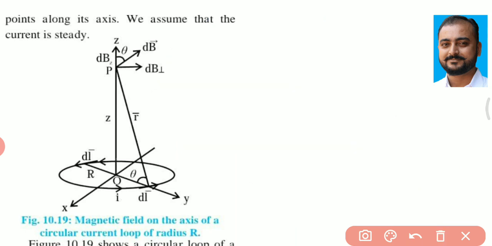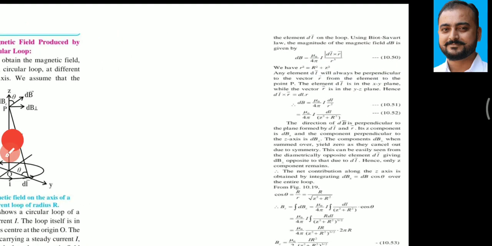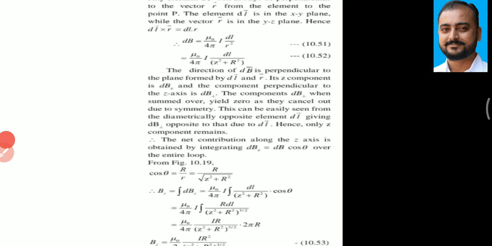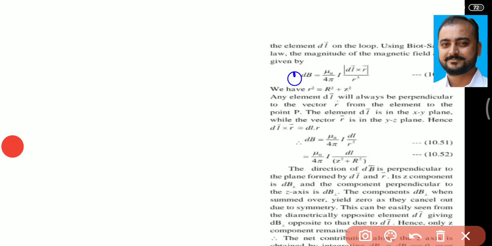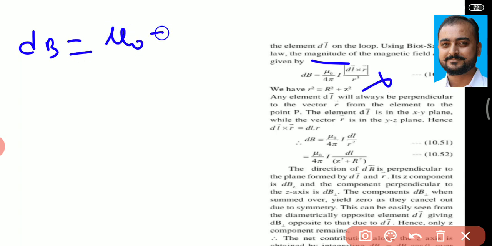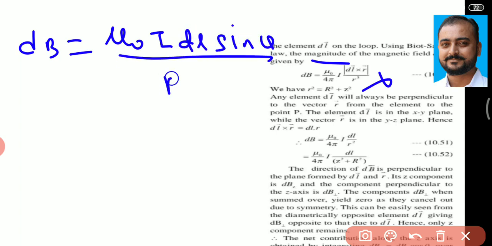Now you have to apply the Biot-Savart law. The formula is given to you in a way that causes some complications, so I'll suggest a simple formula to use. The magnitude of magnetic field induction dB is given by dB equal to mu 0 upon 4 pi, I dl sine theta divided by r square.